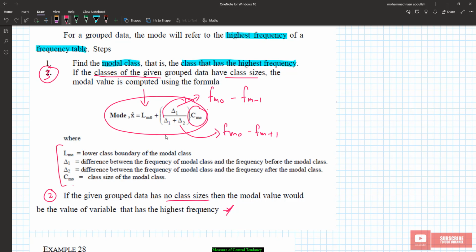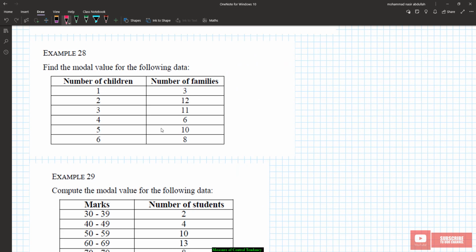Now let's look at how to solve the problem. Now let's look at example number 28. We have X and frequency. First step is we need to find the class that has the highest frequency. The highest frequency is 12.